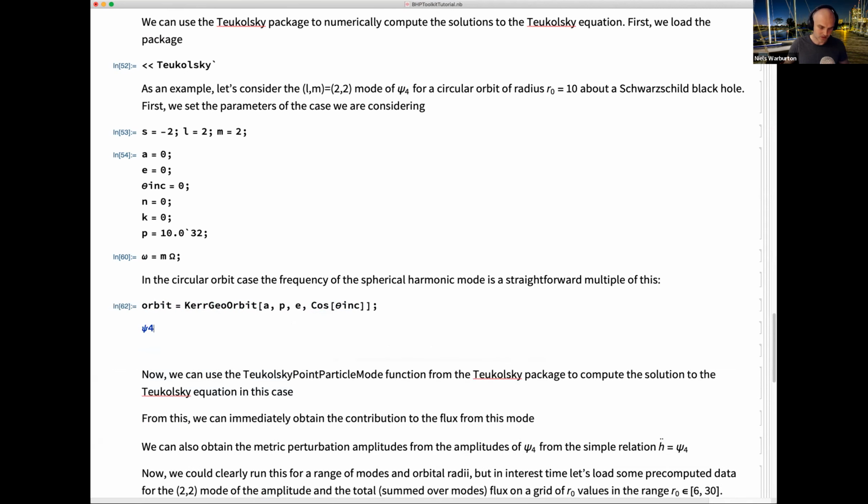And then solving the Teukolsky equation is now extremely easy. We just do Teukolsky, in this case, Teukolsky point particle mode. This is for a point particle. We have a spin weight S. We're looking for the L equals 2 mode. We have these N and K, which is set to 0, and then we pass the orbital configuration.